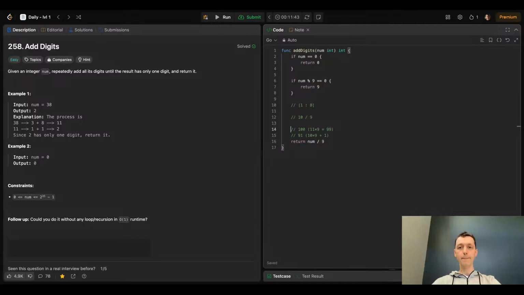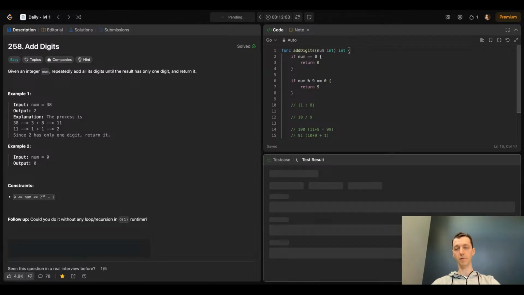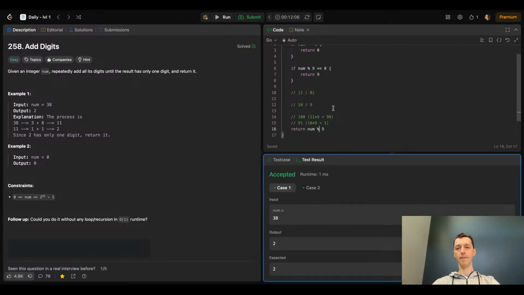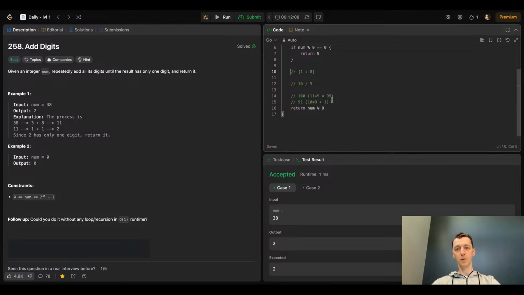So what I'm coming to is that we're looking at the remainder. The most general case, it turns out, is the remainder of division by 9.